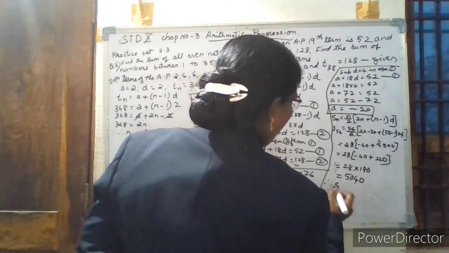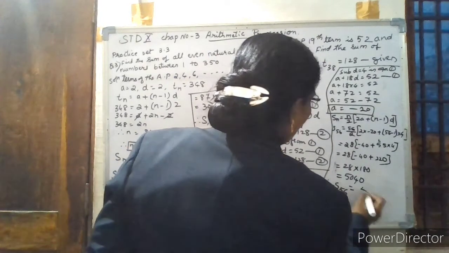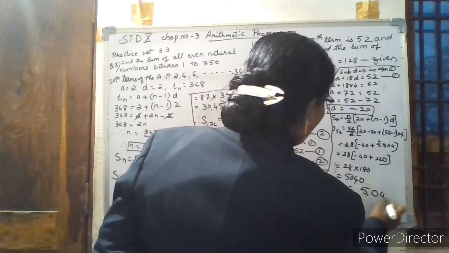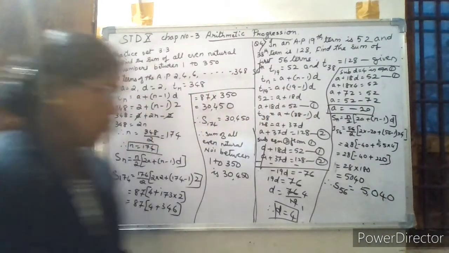Therefore the sum of 56 terms is equal to 5040. So this is the solution.